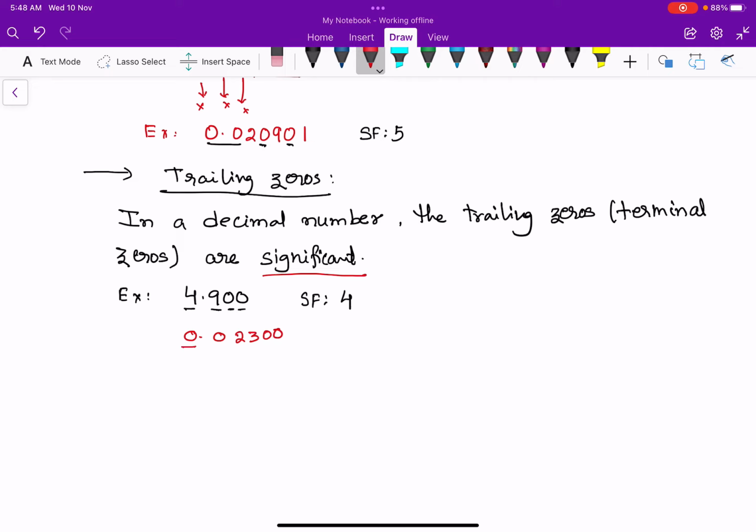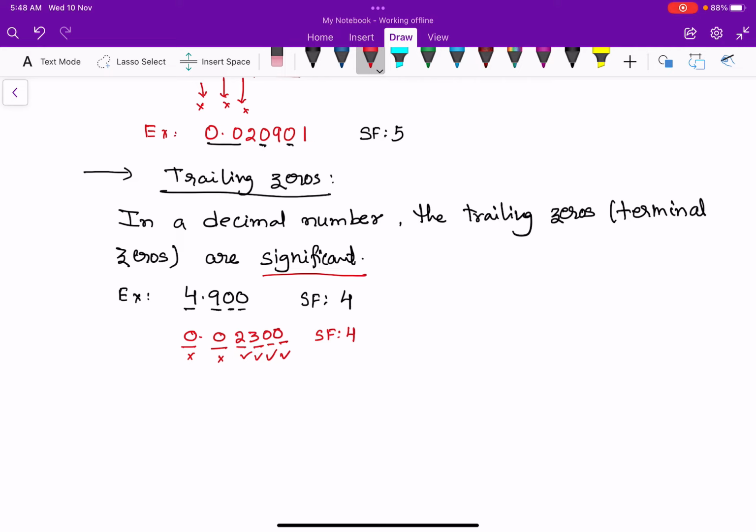This is not counted, this is not counted. They are called leading zeros. This is counted, this is counted, this is counted, and this is also counted. Now total significant figures are 4.